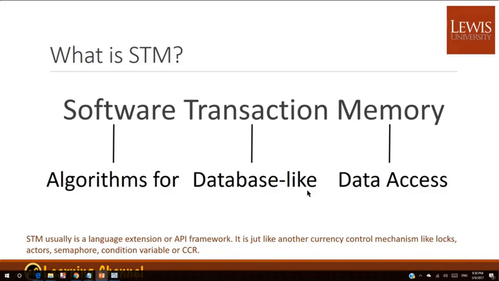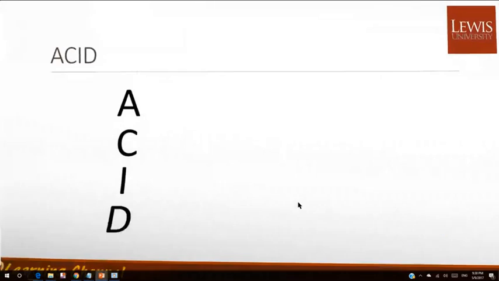Database-like means you have mutually exclusive access to the database, and the same thing for the memory. We have software transactional memory as the protocol to access memory with mutual exclusion. So STM usually is a language extension or API framework. It is just like another concurrency control mechanism like lock, actor, semaphore, condition variable, or CCR. So STM is another protocol.